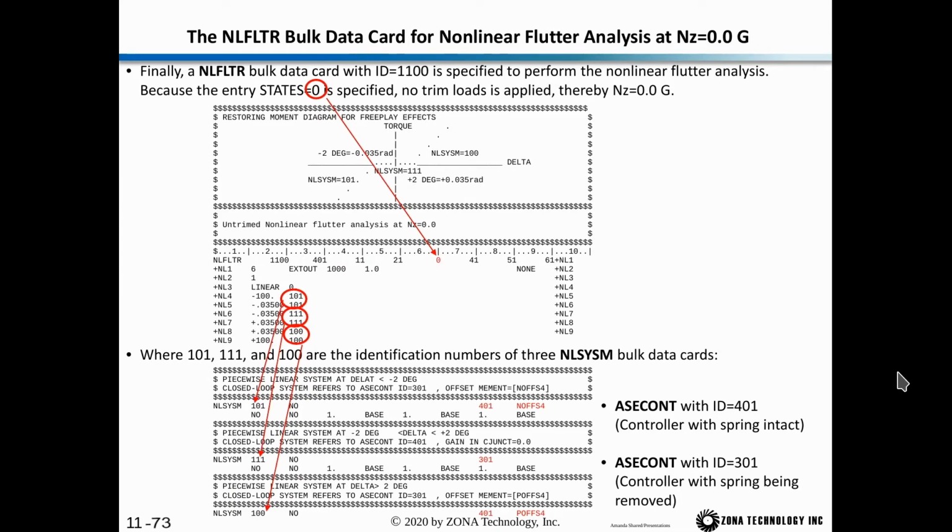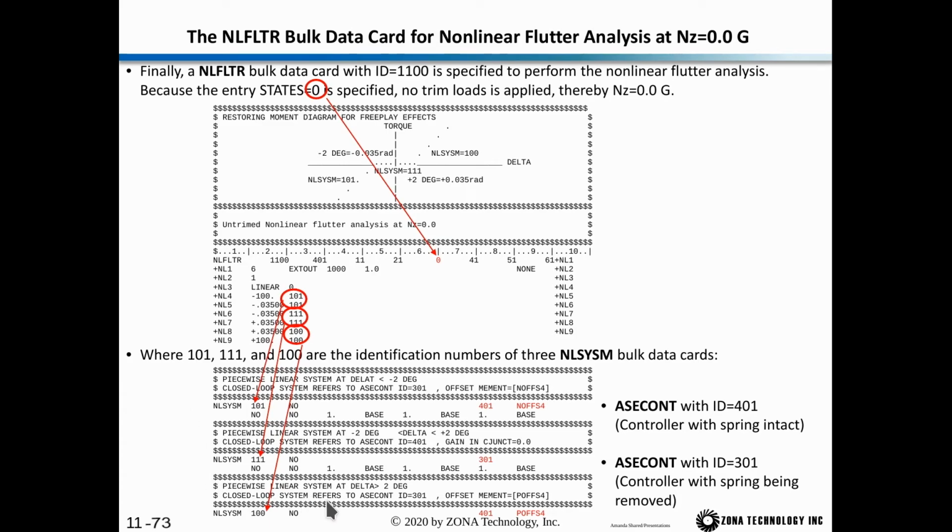And finally, a nonlinear Flutter bulk data card with ID 1100 is specified to perform the nonlinear Flutter analysis. Now the entry STATES equals 0 is specified, so no trim loads are applied, so NZ is 0 Gs. And then 101, 111, and 100 are the 3 identification numbers of the nonlinear system matrix bulk data cards as shown here.